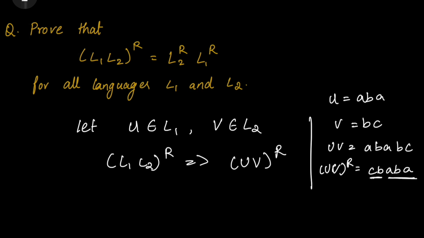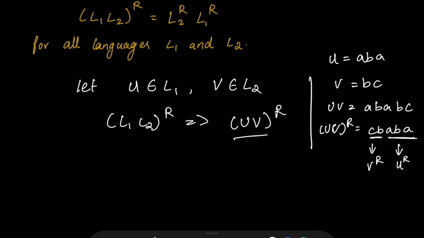Now CB and ABA: CB is V reversed and ABA is U reversed. Since ABA is a symmetric word, it's the same as the word itself, and it's the same for its reverse as well. From this we can understand that (UV) reverse can be written as V reverse U reverse.